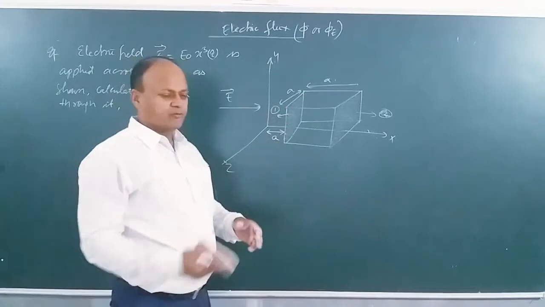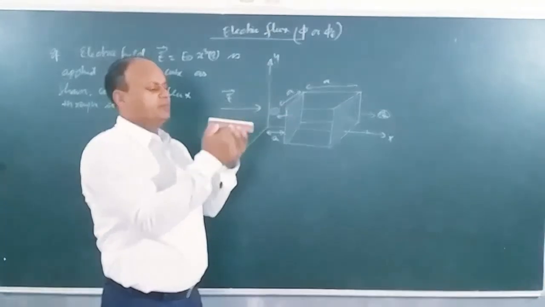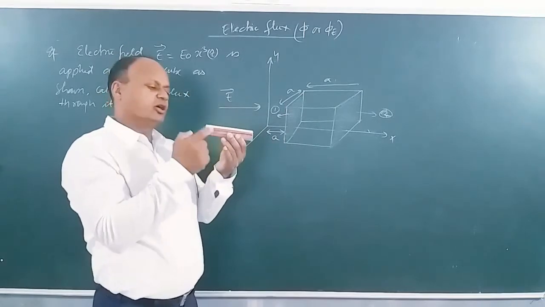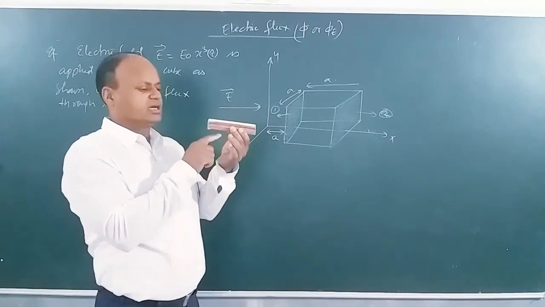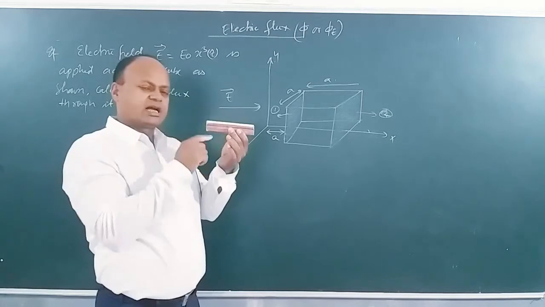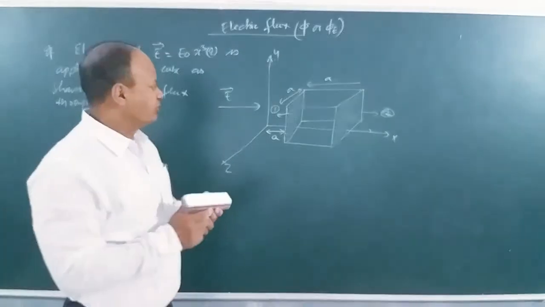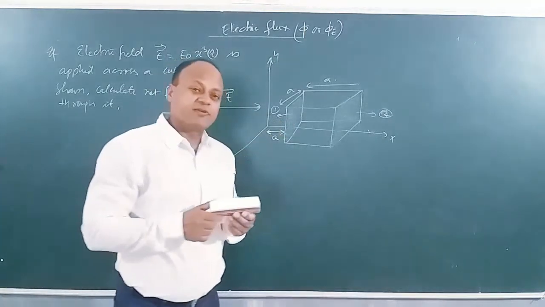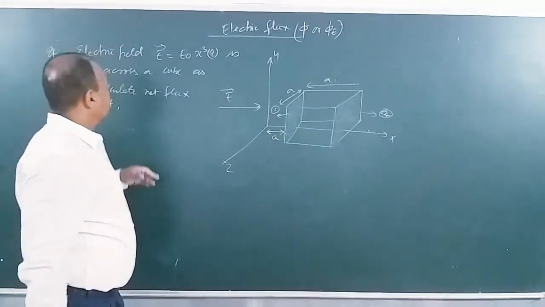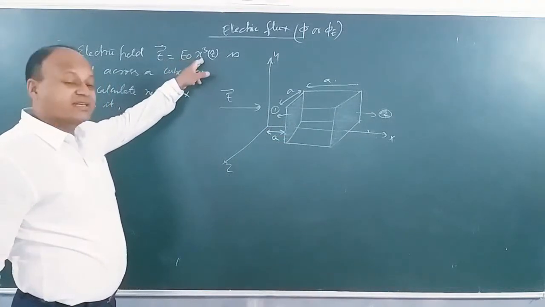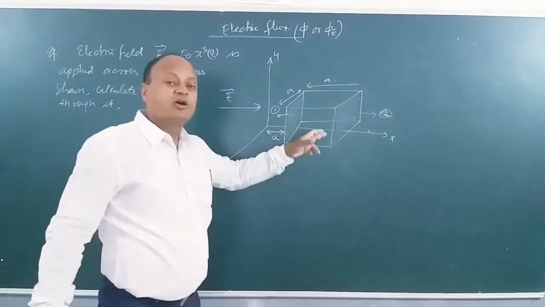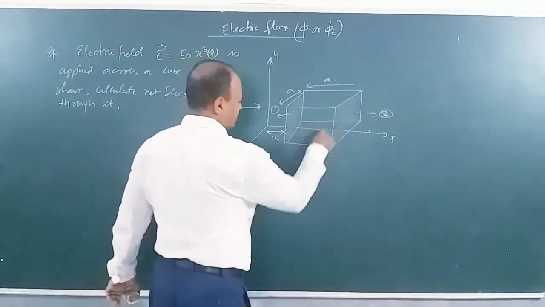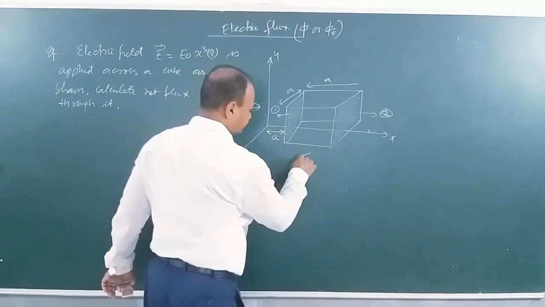Through the remaining four surfaces the flux will be 0, because in all these cases the angle between the area vector and electric field is 90, so there will be flux only through this surface and this surface. Now in this case, net flux will not be 0, because the electric field depends upon what? The value of x, where x is the distance from the origin. So I can separate these two surfaces and see it like this also.